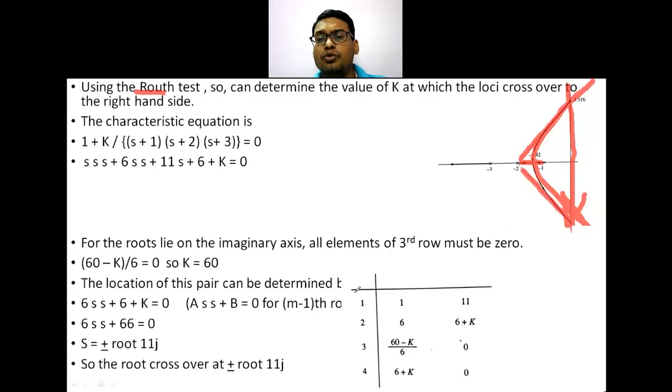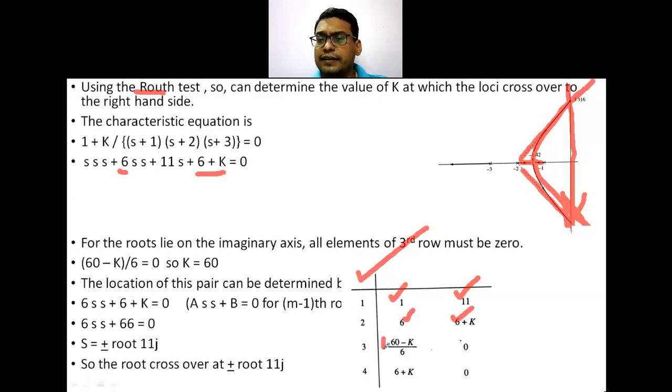Then you have to plot the Routh array. The odd terms are 1 and 11, and the even terms are 6 and 6 plus k.